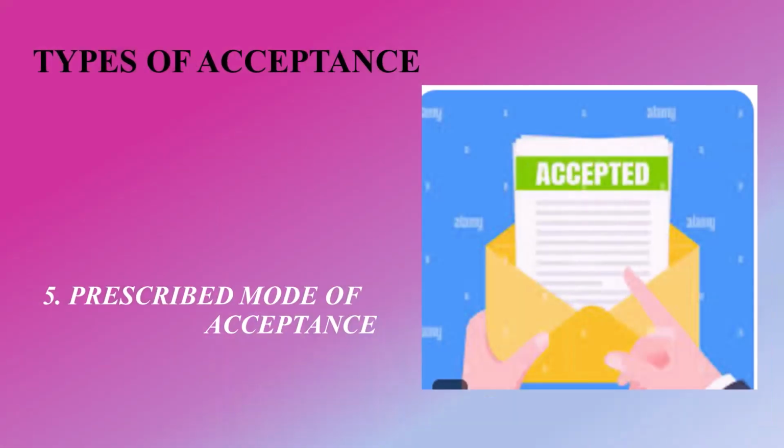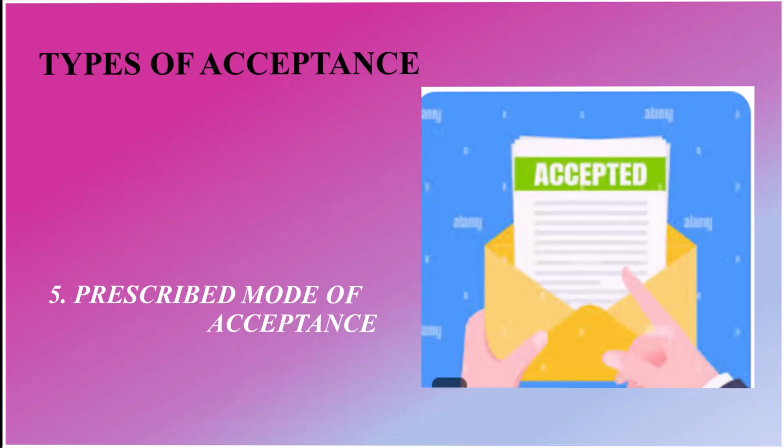Finally, we come to the last type of acceptance, that is the prescribed mode of acceptance. When the offerer specifies how the acceptance must be communicated, then the acceptance must follow that mode. For example, if the offerer specifies that the acceptance must be sent via mail within 7 days, then the acceptance should be made in that prescribed mode.